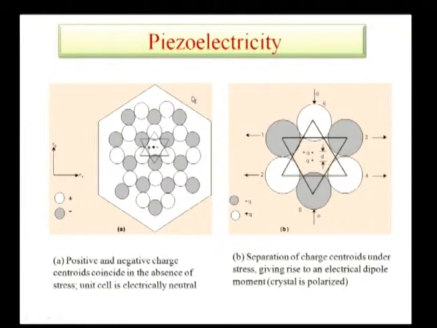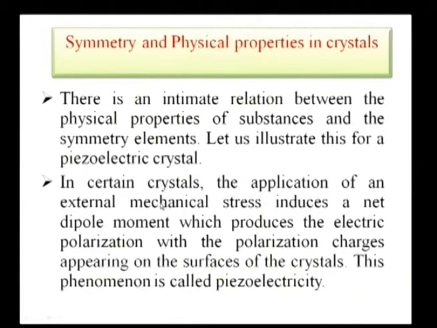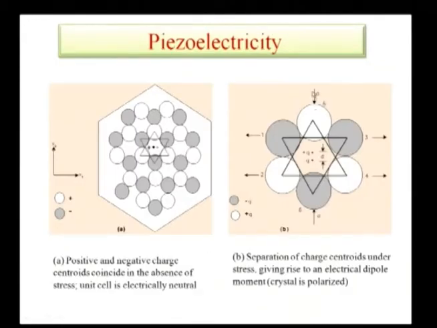Before applying any stress, the positive and negative charge centers coincide with each other as shown in the figure. Now, what happens to the crystal when you apply stress? When you apply stress, this atom has moved inwards, and similarly this atom with a positive charge also has moved inward.